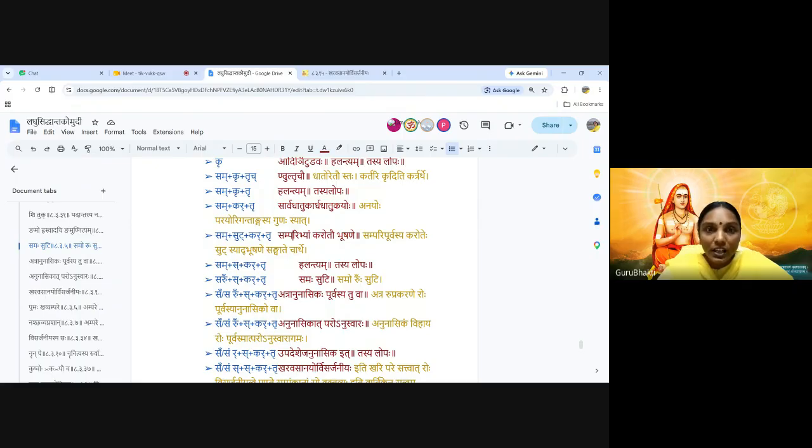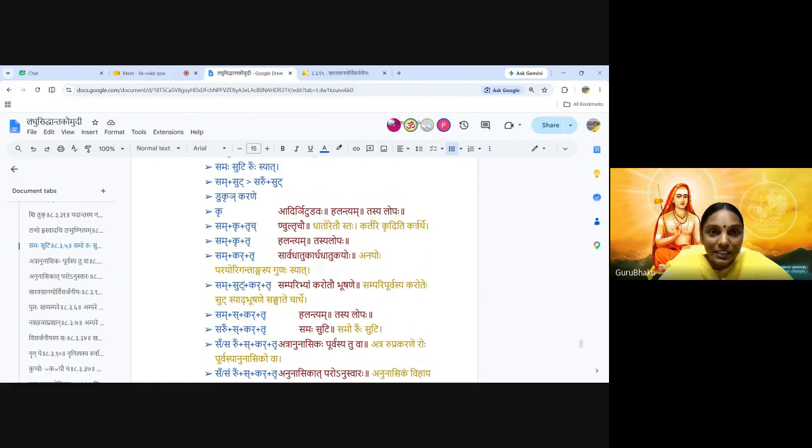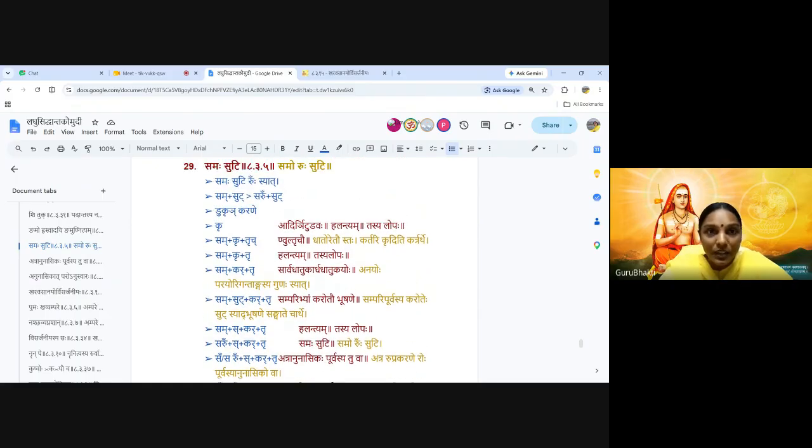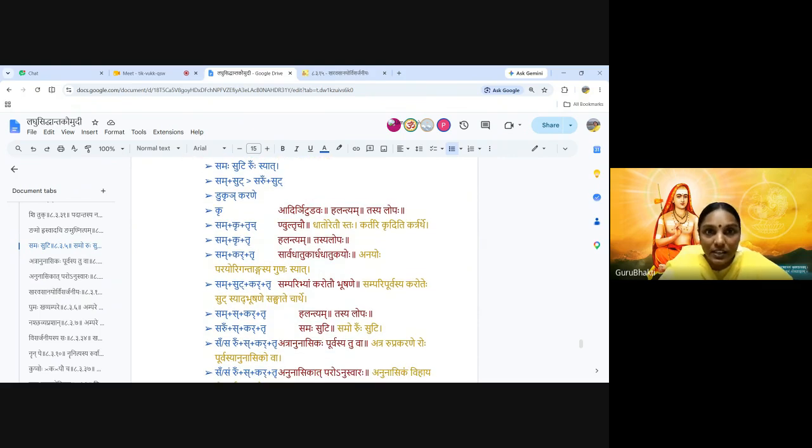By this sutra, sut agama will come. Actually, this is a big process. Let us see from here. But sutra meaning is this. In the place of sam, ru will come when it is followed by sut. But to come to this, there are too many other sutras.